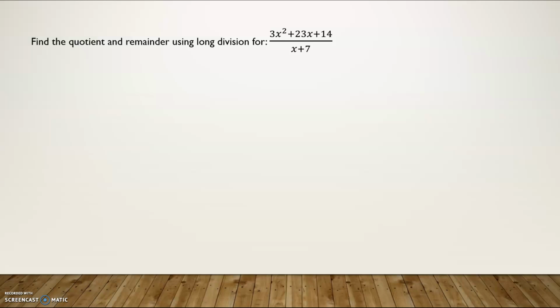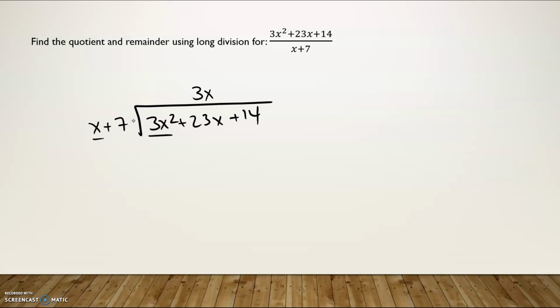Okay, now find the quotient and the remainder using long division for this right here. Okay, so here we go. We've got 3x squared plus 23x plus 14. Okay, so we're going to make these two look the same.